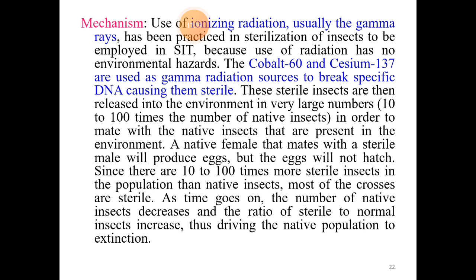The characters responsible for the courtship behavior and reproductive behavior are altered because of the damage of DNA on the chromosomes brought about by these gamma radiations. Usually, cobalt 60 or cesium 137 radioisotopes are used as sources of these gamma radiations.